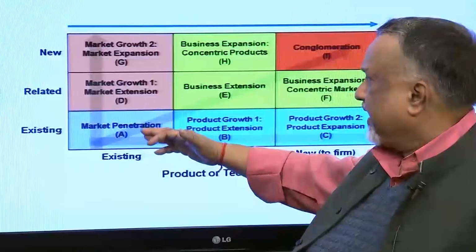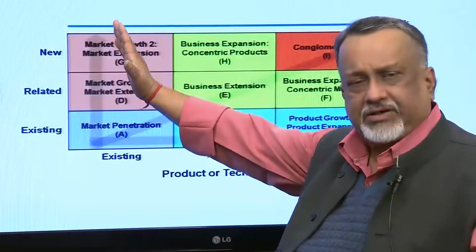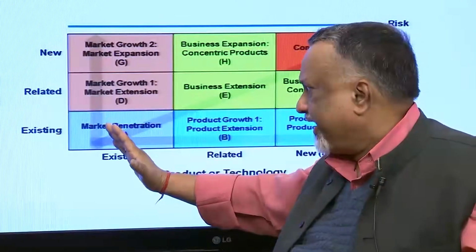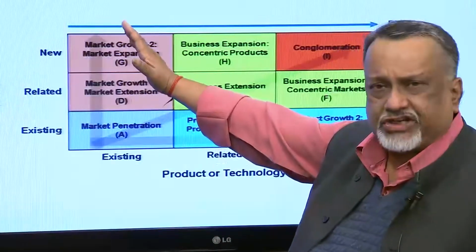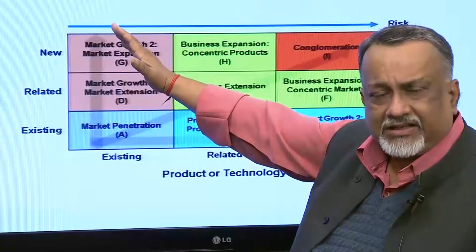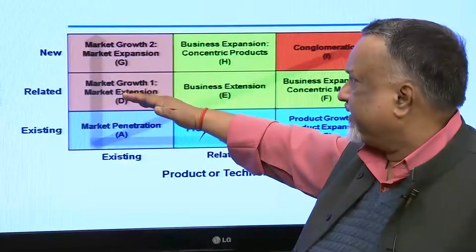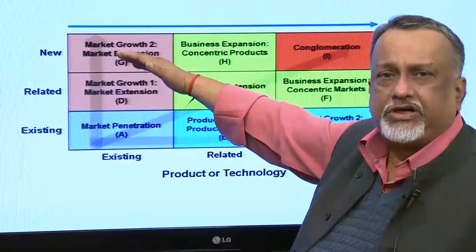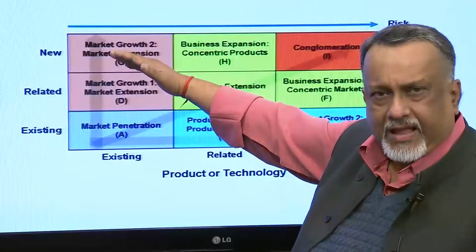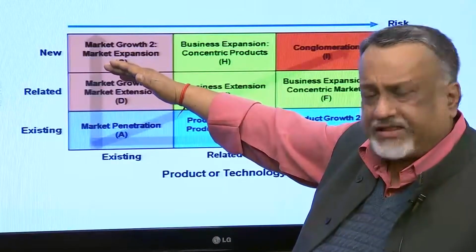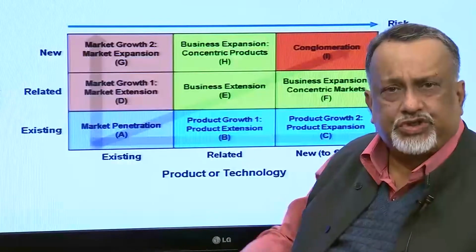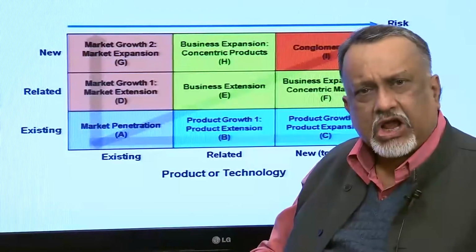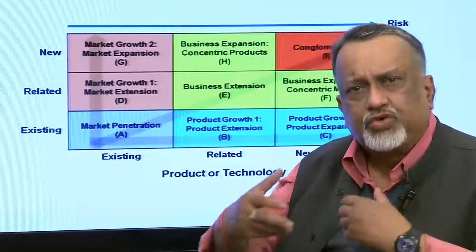But then we can go in this direction. That means we can go with our existing products and technologies in search of new markets. The new markets could be related, the new markets could be actually totally new. Also, this relation and new could be with respect to geographical adjacency or the use adjacency.